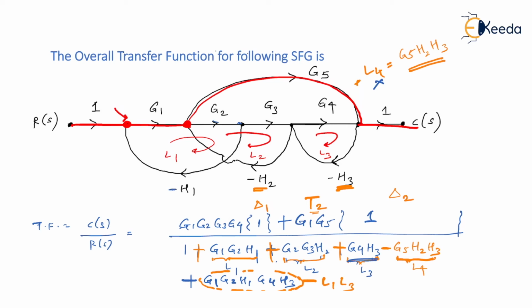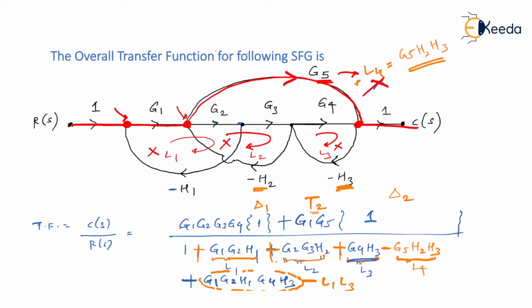Because it is touching this loop, or this node, therefore we have to cancel L1. Is that right? Then L2 also we have to remove because this node is also shared. L3 also we have to cancel because this node is also shared. And this G5 itself is a part of L4, so there is no question of taking L4 also.